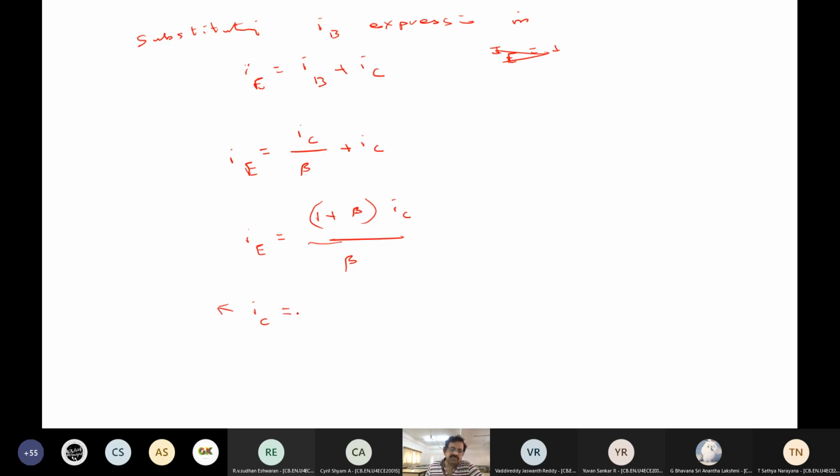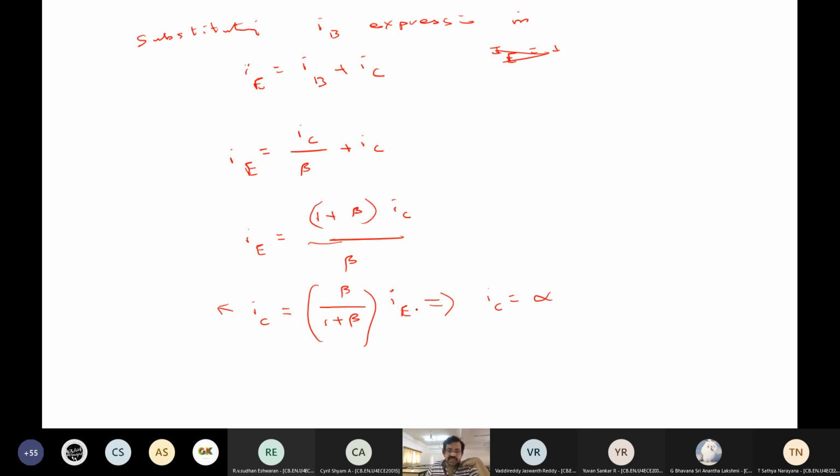So IC equal to IE beta by 1 plus beta, and beta being in terms of tens. So 1 plus beta will be always higher than beta. Therefore, this can be simply written as IC equal to alpha IE.